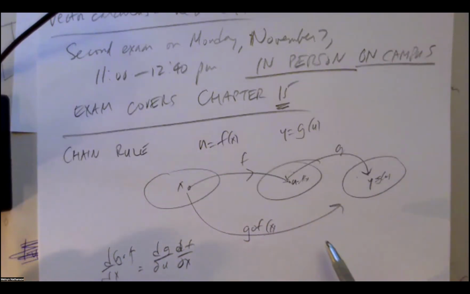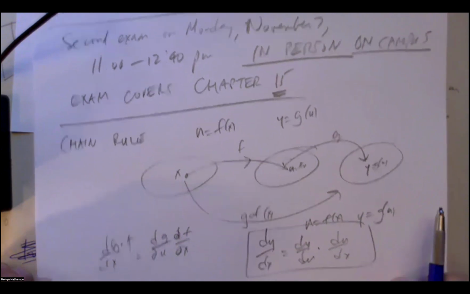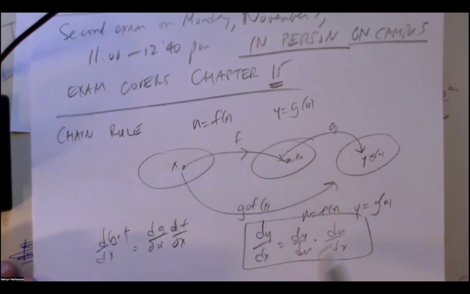Or if you think of this as u equals f of x, y equals g of u, dy dx is the derivative of y with respect to u times du with respect to x. So if these were fractions, you would say, yes, you're just canceling the du's, but of course that's nonsense. But this is the chain rule for a composite function of one variable.